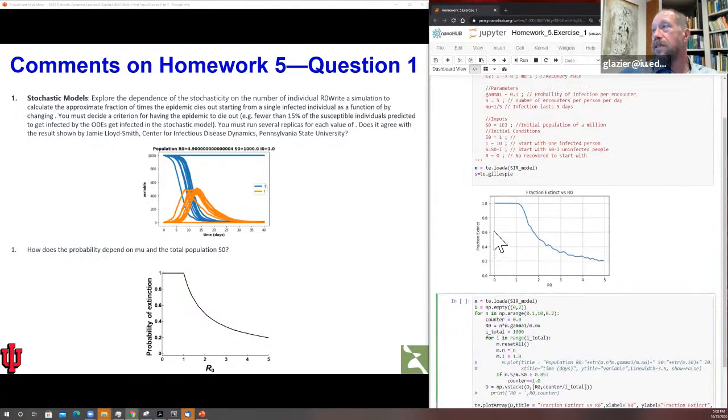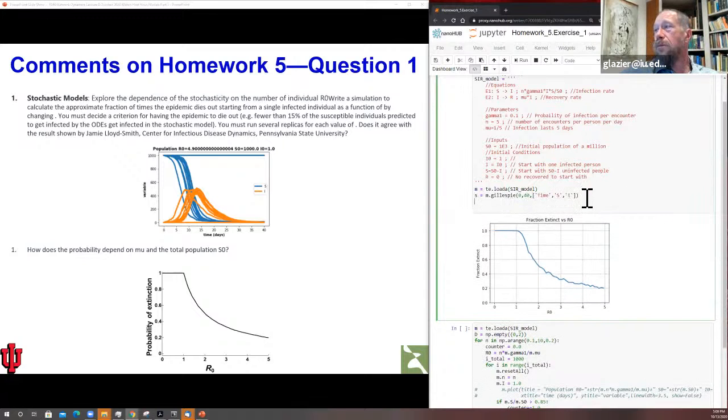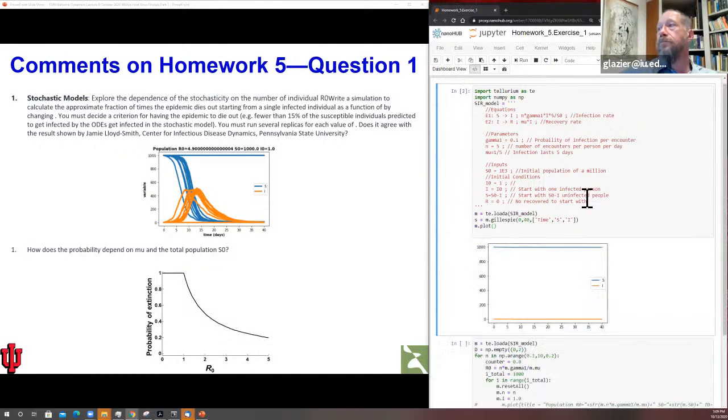So we'll run this as a Gillespie simulator, and we'll plot it. And for this particular set of values that I picked, nothing interesting happens.